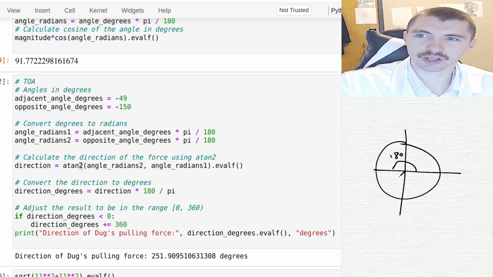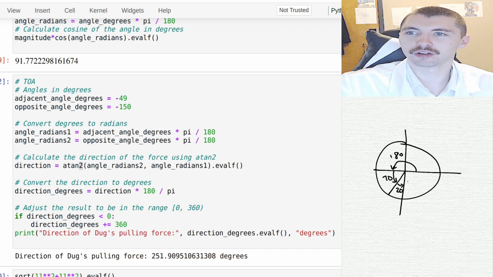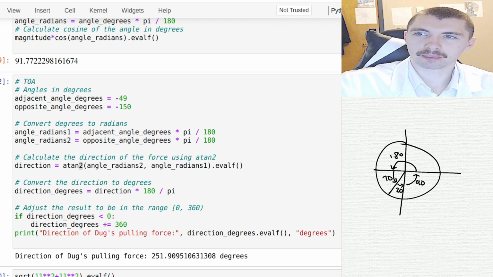And our calculator is giving us 250 degrees. So that's going to be 180 and then 70. Okay, and there's 90 degrees. So that's going to be about 20. Again, we're estimating here. And then there's 90. So 180 plus 70 is 250.